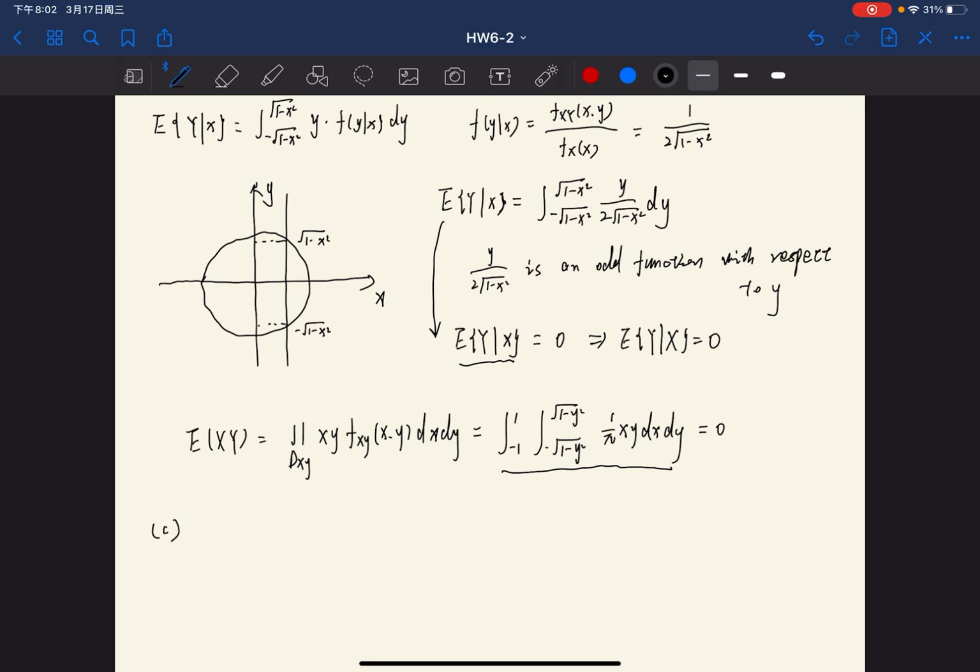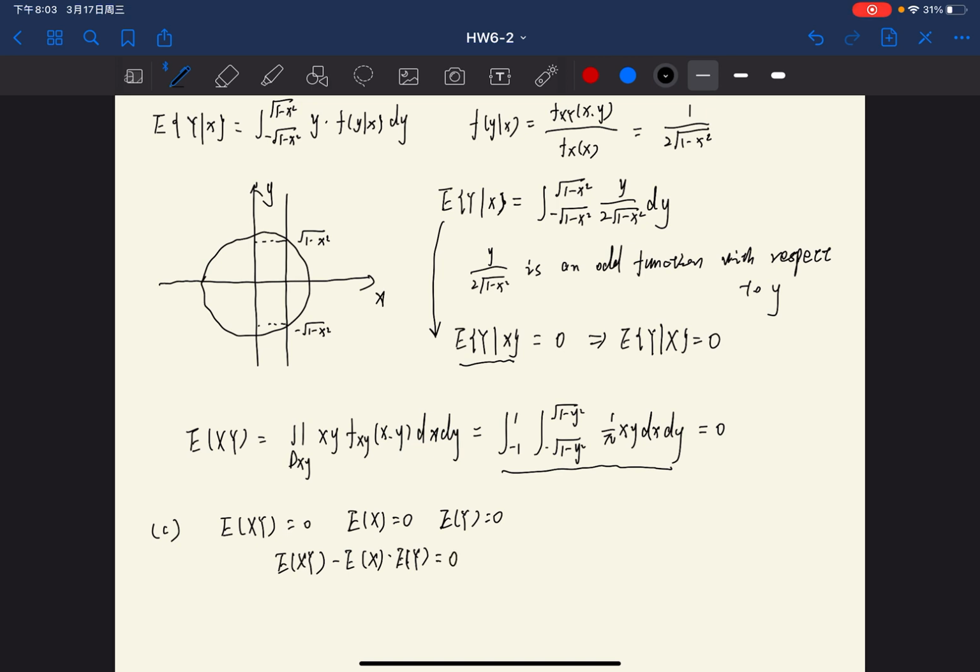Then the C question, we want to prove or disprove whether x and y are uncorrelated, so we can use the conclusion above. Because the expectation of x multiplied by y equals 0, the expectation of x equals 0, and the expectation of y also equals 0, so E[XY] minus E[X] multiplied by E[Y] equals 0.